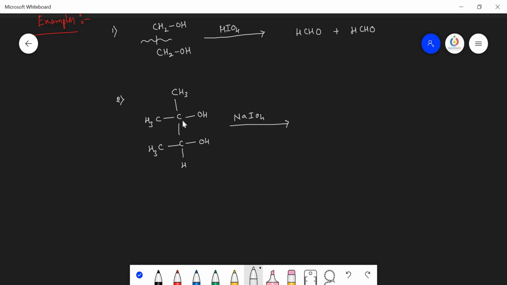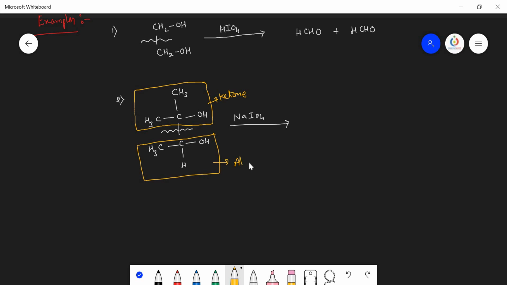They break the bond between the two OH-bearing carbon atoms. So they break the bond here. First you break the bond and see whether the carbon atoms have hydrogen or not. Here the carbon atom does not have hydrogen, so this part shall be converted to the ketone. And this part, where hydrogen is there, shall be converted to the aldehyde.